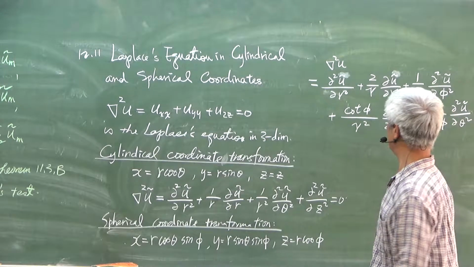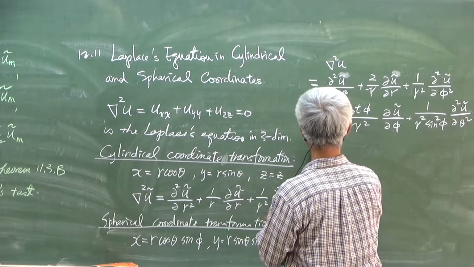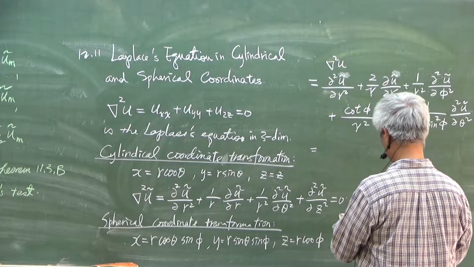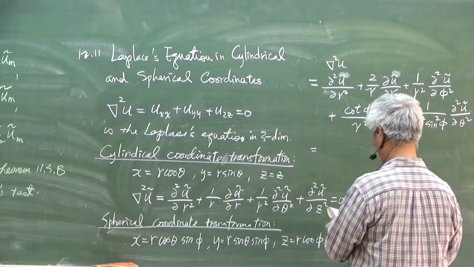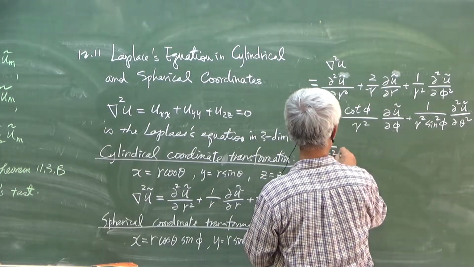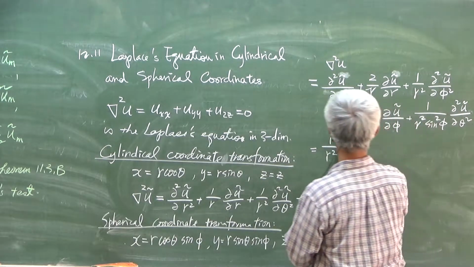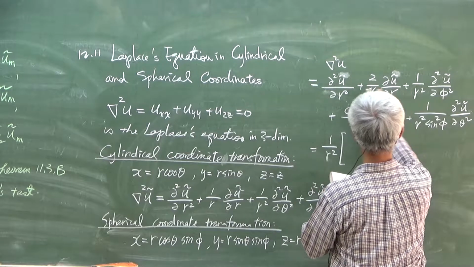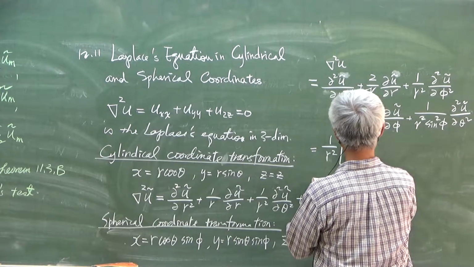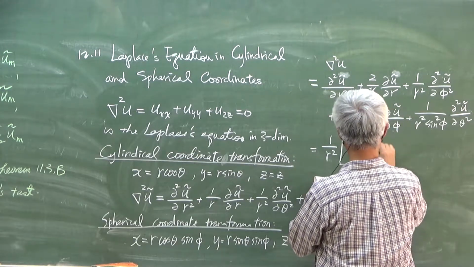All right, and we can express this expression in a more compact way. So if we take out 1 over r square here, and combine them together, we will have the r square term.